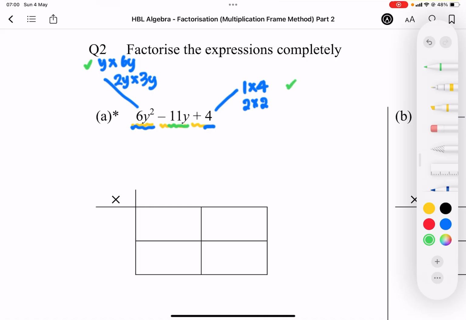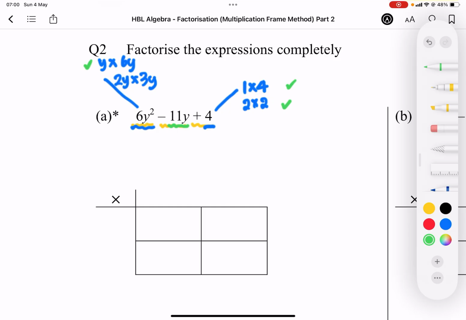For the different combinations, whether it's y times 4 and 6y times 1 or y times 1 and 6y times 4, it will not end up with a 11y. Similarly, if we test out y times 6y with 2 times 2, we will also end up with 2y and 12y, which will not give us 11y when we add or subtract the numbers.